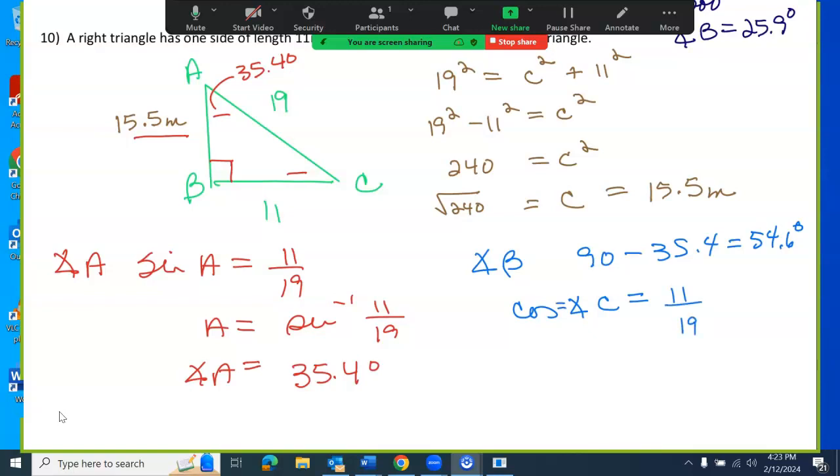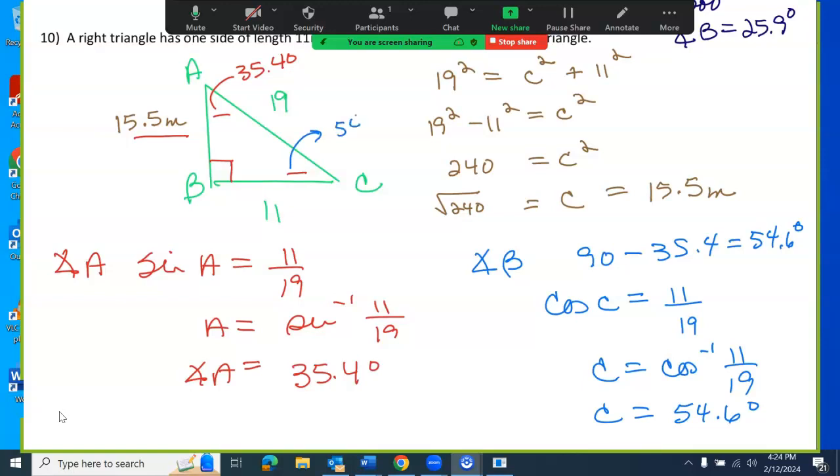So the cosine of angle C equals 11 over 19. But I don't want that. So let me just write this better. This is cosine C. I want the actual value of the angle, so I'm going to take the inverse trig of that, and I will get the exact same angle I got by using subtraction. Okay, so I found both of those.